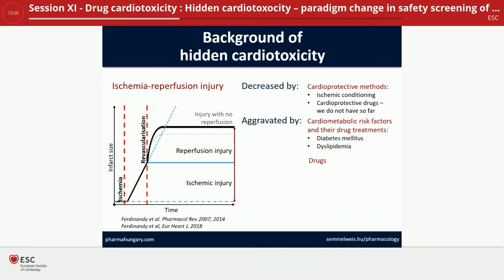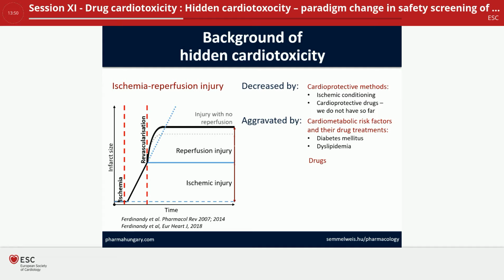So we thought that some drugs have no direct cardiotoxic effect, but they can aggravate the ischemia reperfusion injury, and they might disrupt the endogenous inherited cardioprotective mechanisms which can be triggered by short periods of ischemia.